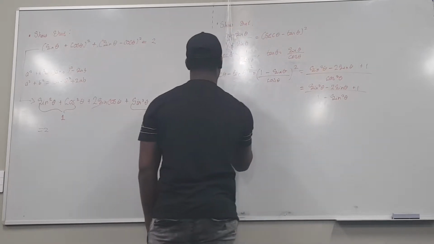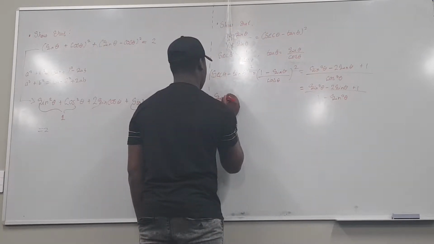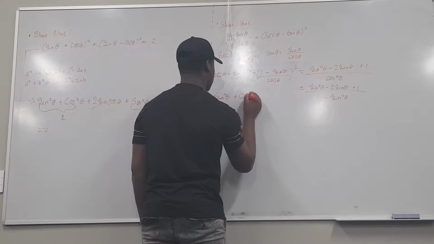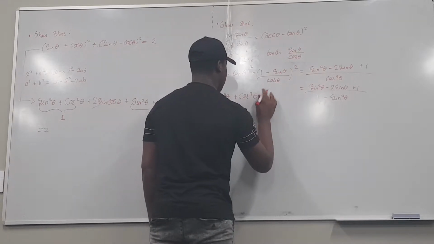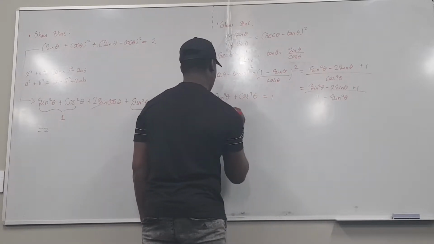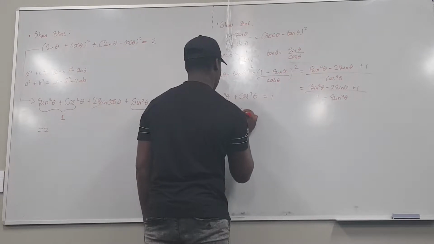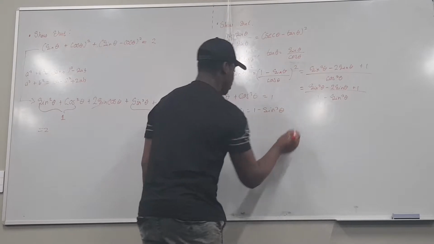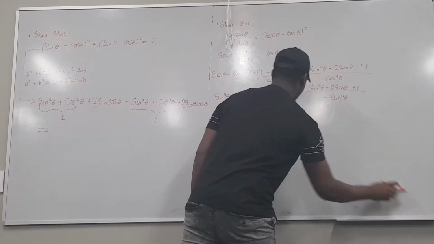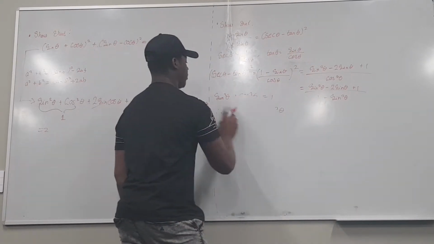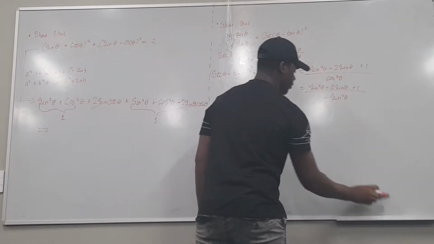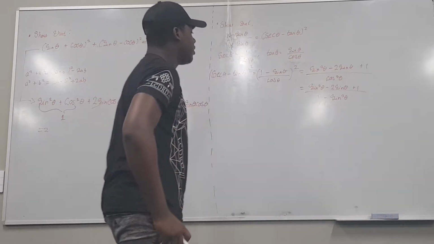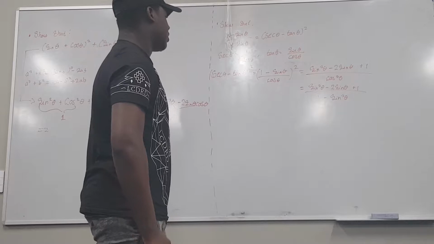How do I get 1 minus sine squared theta? I know that sine squared theta plus cosine squared theta is equal to 1. Therefore, cosine squared theta is equal to 1 minus sine squared theta. But still, we're not getting anything good.